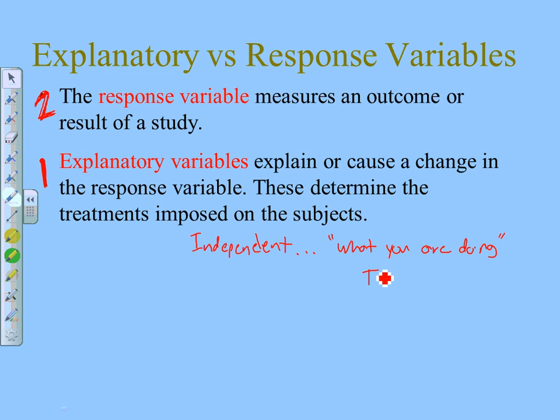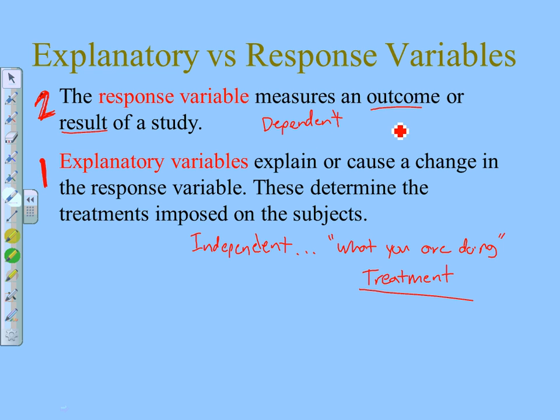What you are doing is typically just what is your treatment that you are giving. That's your explanatory variable. So you're treating something in this certain way, and then the response variable is your outcome, your result. I like how they say outcome and results here. This is your dependent variable.